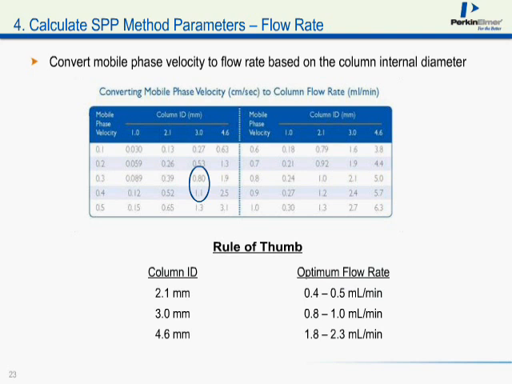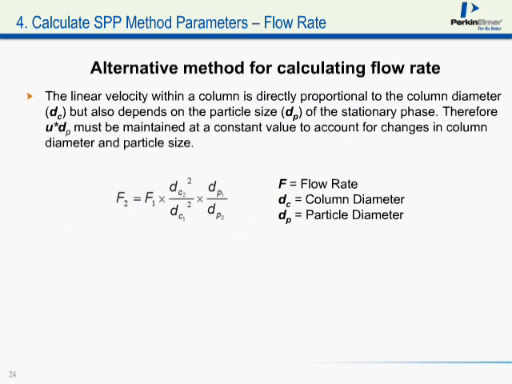But in the white paper, we also have a table which gives you optimum flow rates based on column diameter and mobile phase velocity. For a 3 millimeter ID column, that optimum flow rate is about 0.8 to 1.1 mL per minute. Again, I have an alternative calculation in which you can take into account the column diameter and the particle size.